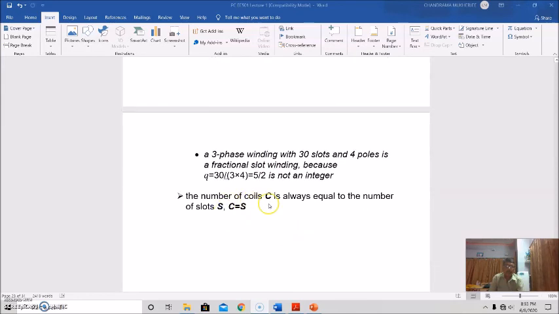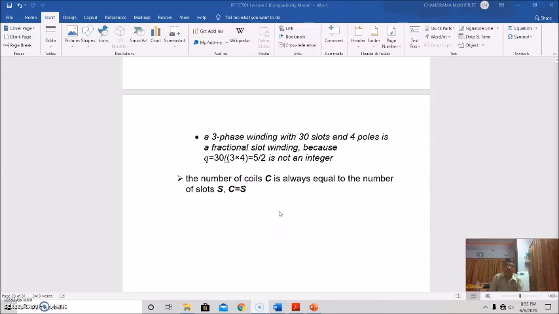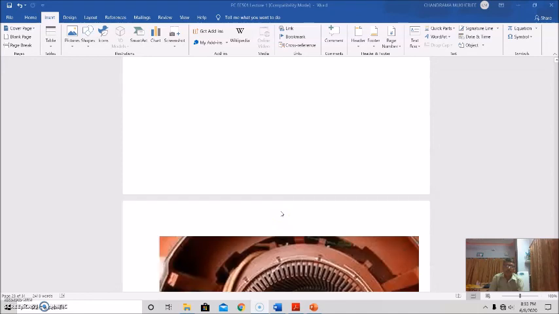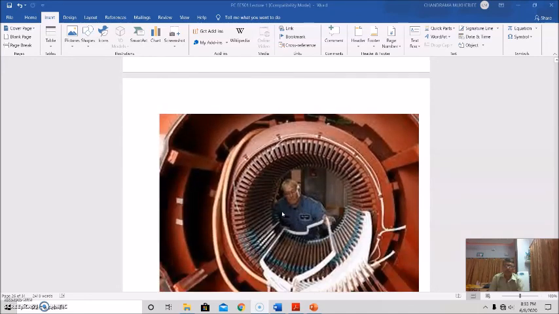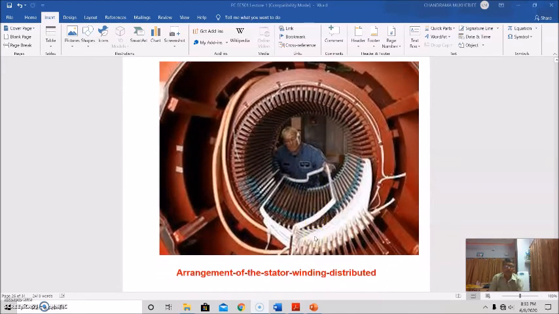And at this point, we take into consideration, remembering C equal to S, the number of slots, and we have some pictorial views of the arrangement of the stator distributed winding in a machine.